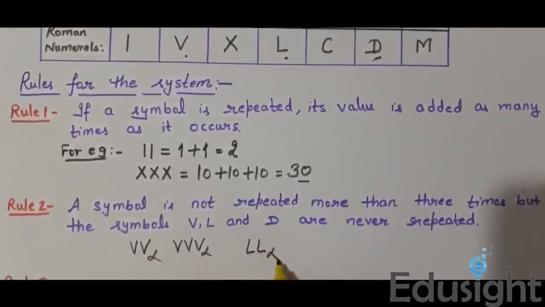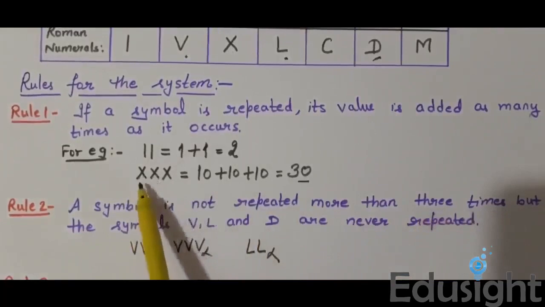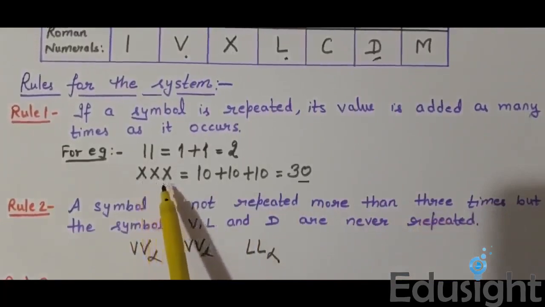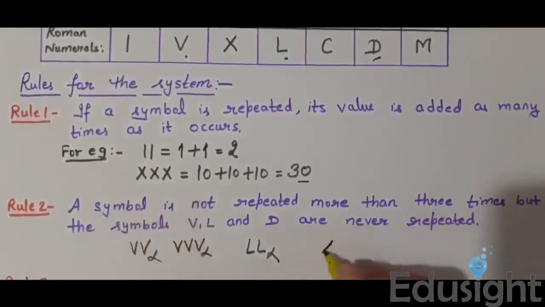Got it? And also the first part of the rule says that a symbol is not repeated more than 3 times. See, here I have repeated the symbol X 3 times, but I cannot repeat it more than 3 times.